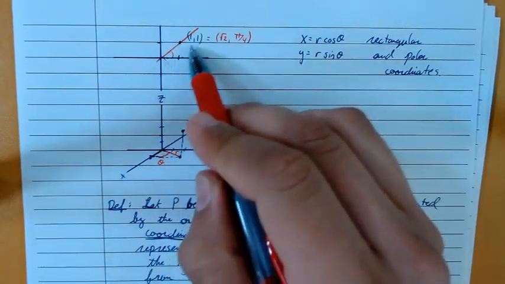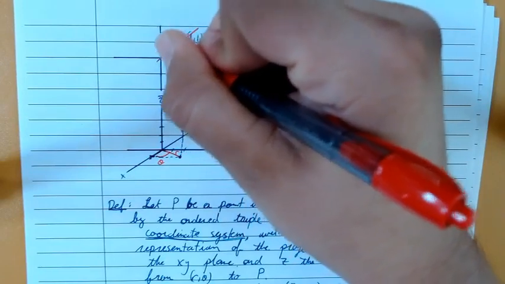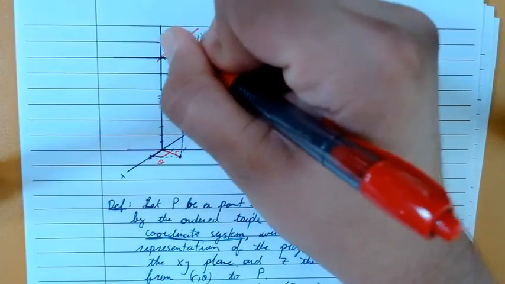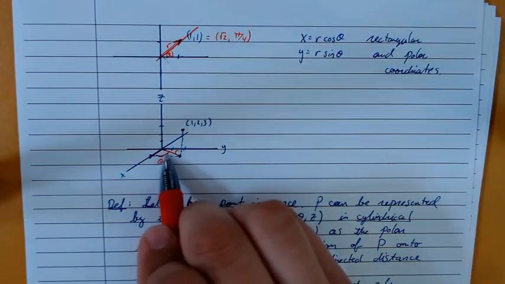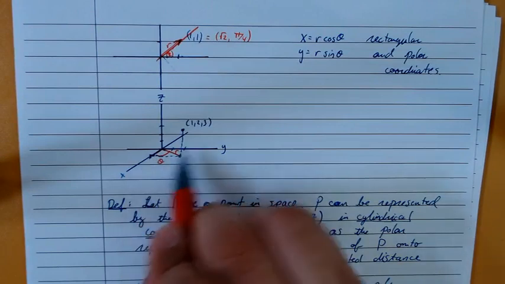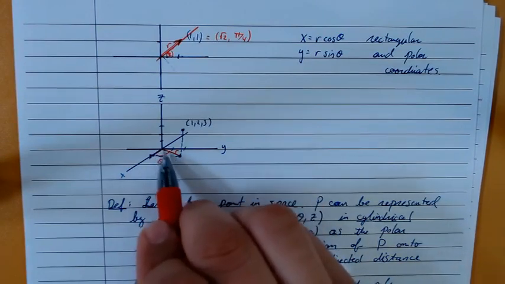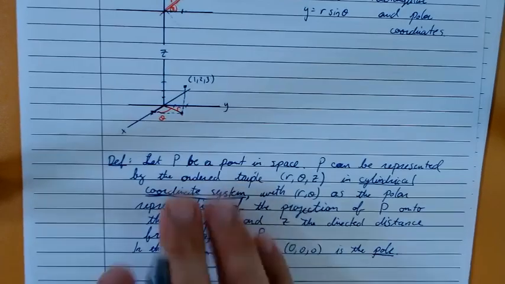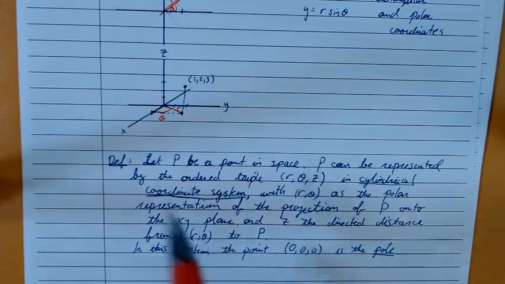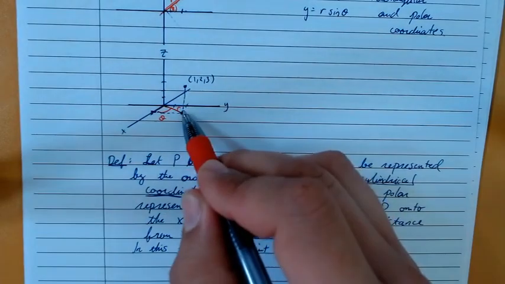Notice that's exactly the same image that I have over here. Theta and r. Okay, so now my theta tells me what direction I'm facing on the xy plane. r tells me how far to go in that direction. So that gets me to that point right there, which we call the projection of P onto the plane. And we brought that straight down.